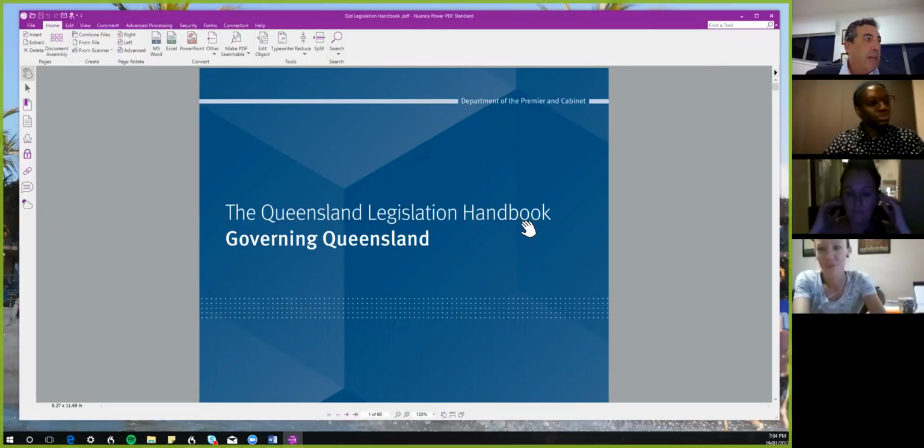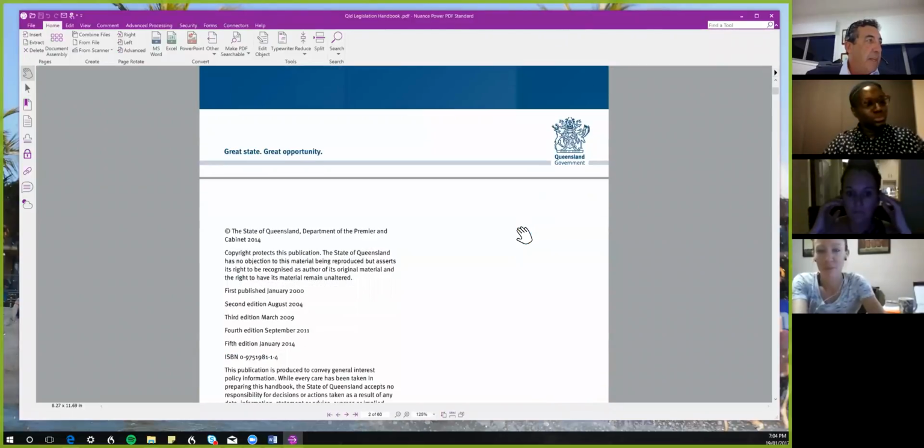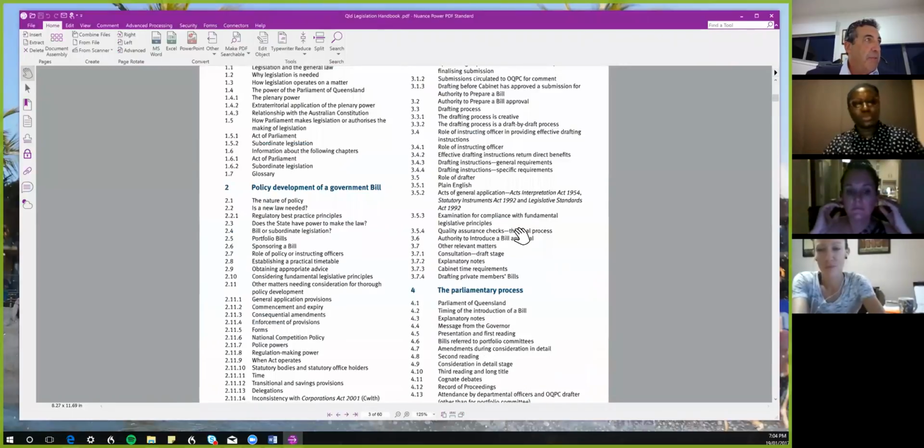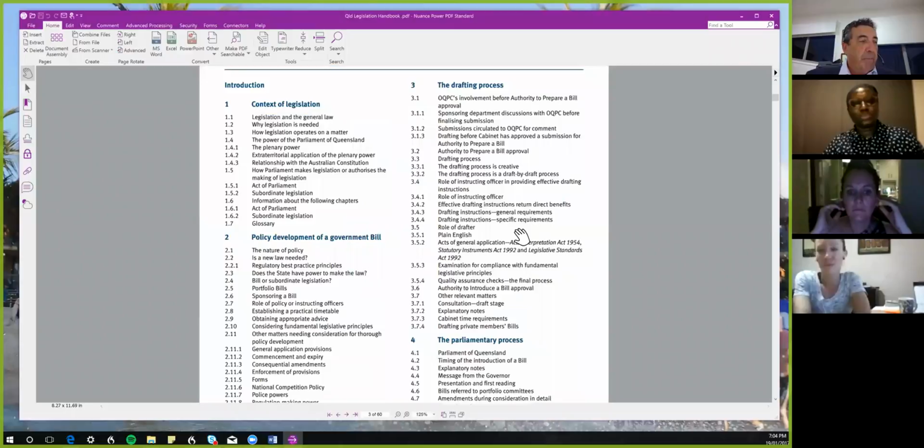All right, so the Queensland Legislation Handbook governing Queensland is an extensive and very valuable resource. So you'll see from the index a number of things that we've talked about in general terms during this course, and some things that perhaps we haven't.